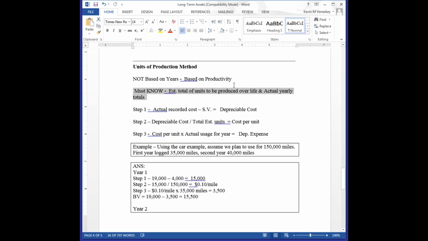In a car, it would make sense that it's miles. If I said I'm going to drive 100,000 miles, and I had a car that was worth $10,000, that would be 10 cents for every mile if you just did the division. And I'll show you how we do that.